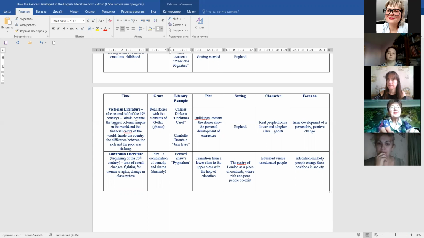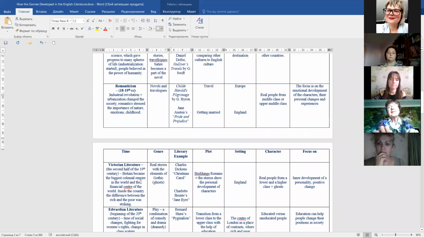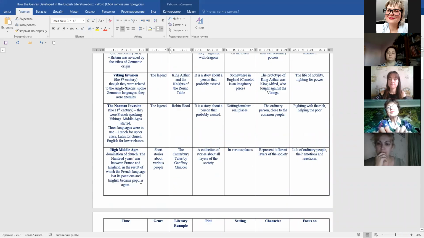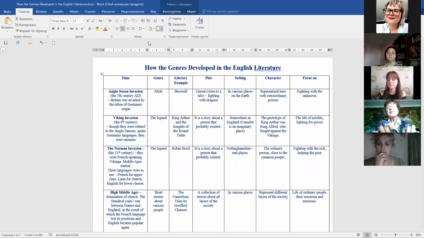Lots of examples from modern literature, but we'll stop here. We'll take a couple of modern examples, and I think that will do for our course, for the next time and for meeting in Odessa.